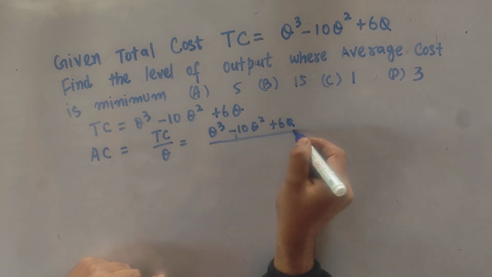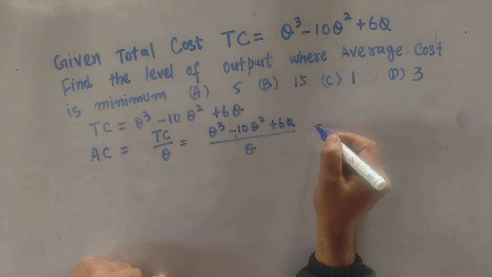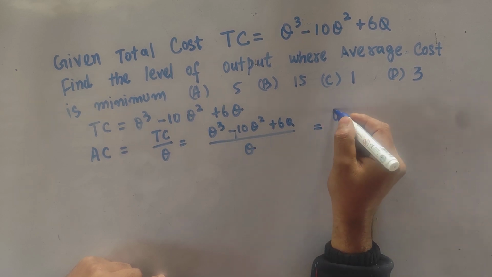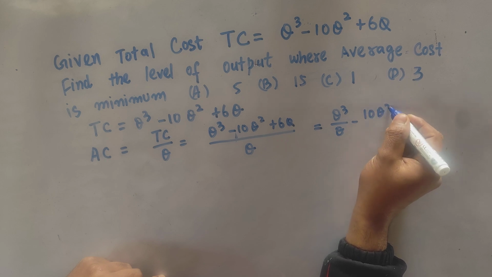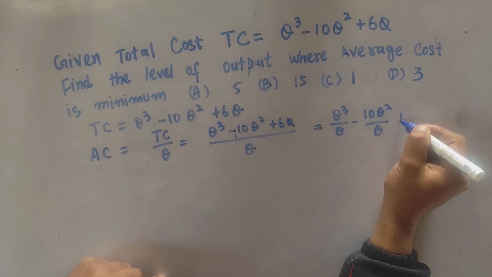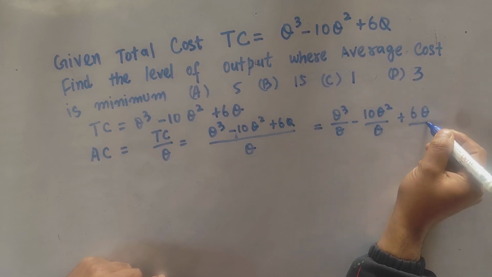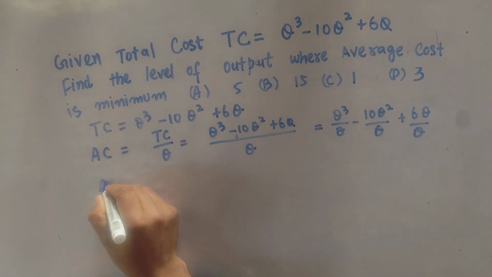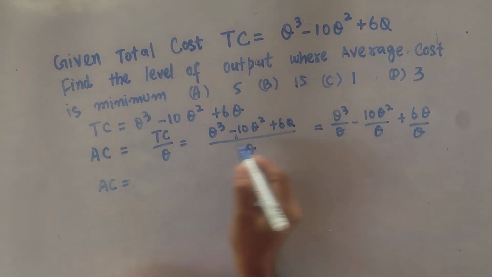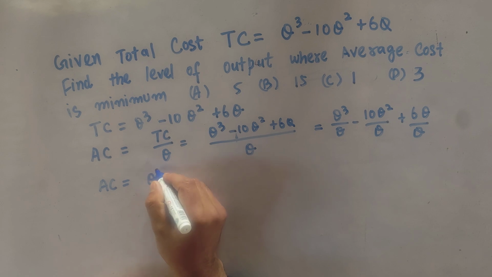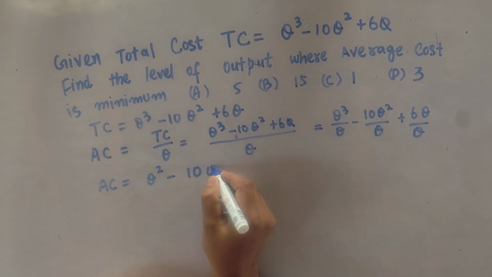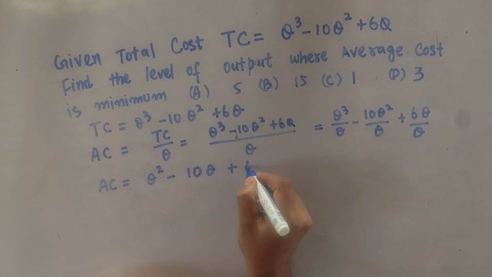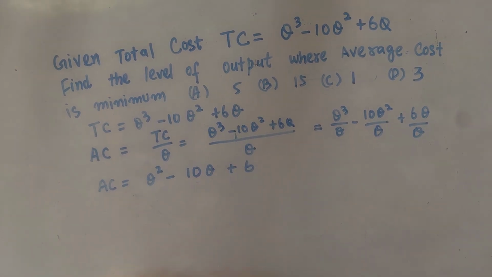To this we divide by Q to get the average cost, which will be equal to Q cube divided by Q minus 10Q square divided by Q plus 6Q upon Q. That gives us average cost equal to Q square, as one Q gets cancelled; in the second term we have 10Q, and in the last term we have 6. This is our average cost.